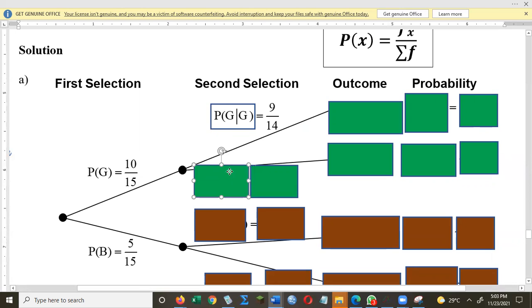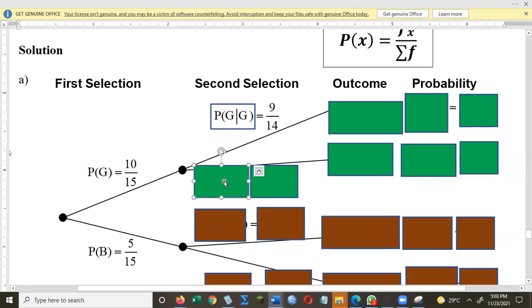What will be under this green rectangle? What notation will be there? The probability of what? This is analyzing the probability of a green after green.